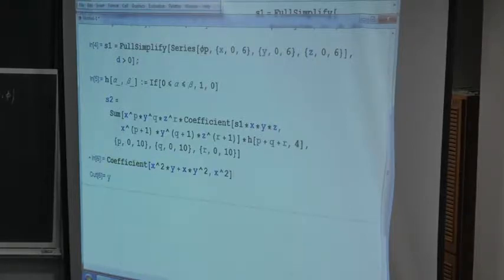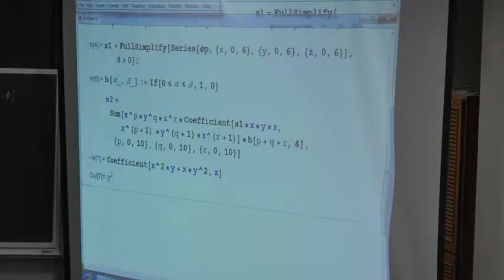I get y. The coefficient of x square in this expression is y. If I find the coefficient of x, it turns out to be y square. So Coefficient is a function that picks out coefficients.